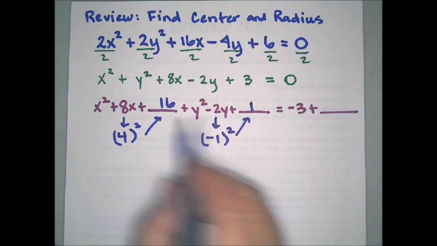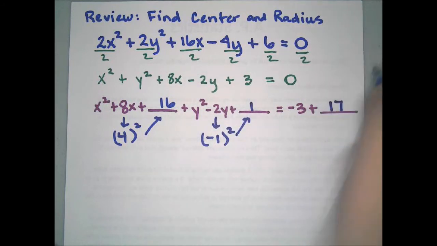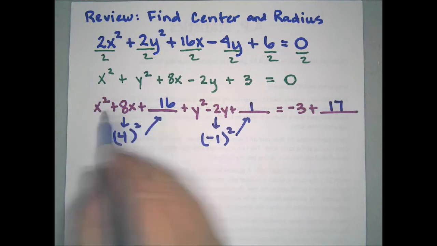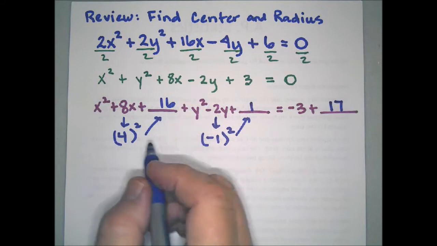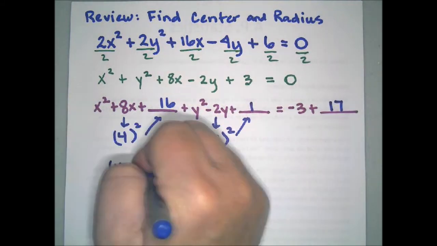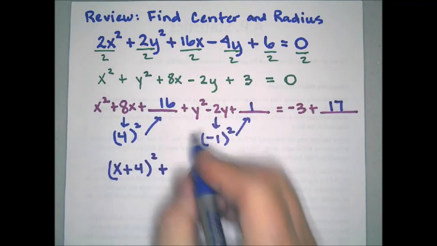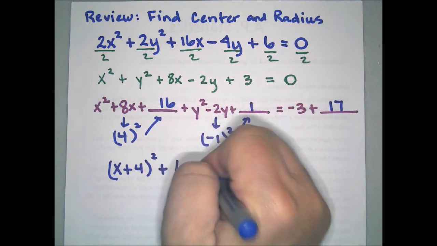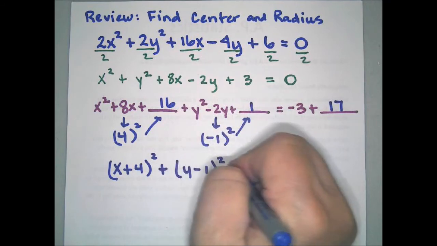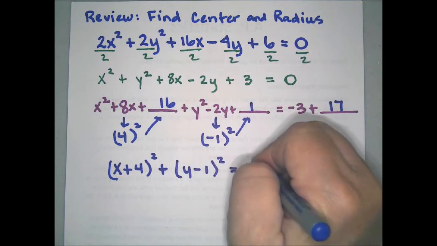So, if I added 16 and 1 over here, that simply means I need to add 17 over there. And now I've completed my squares, so I have perfect squares. This would be x plus 4 squared. This one would be y minus 1 squared equals negative 3 plus 17 is 14.